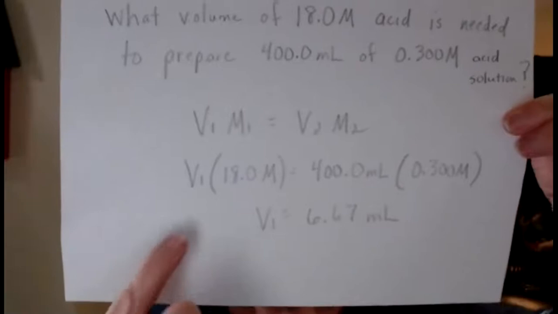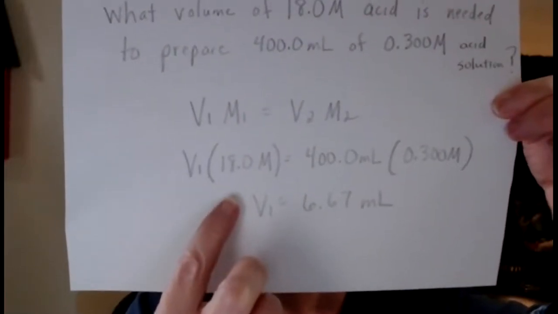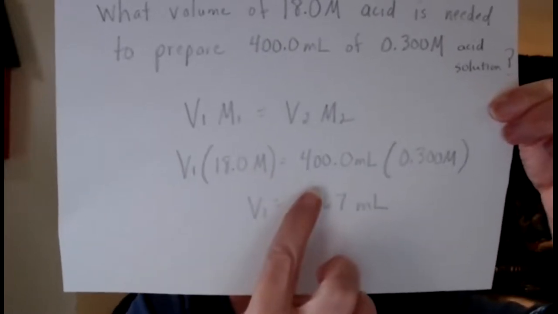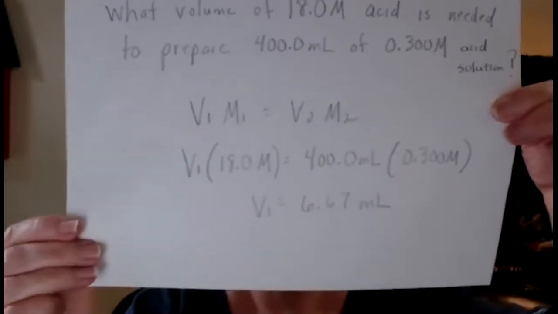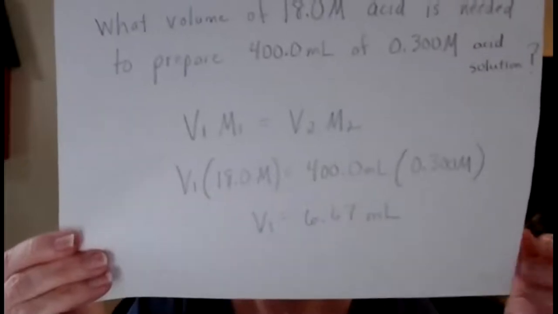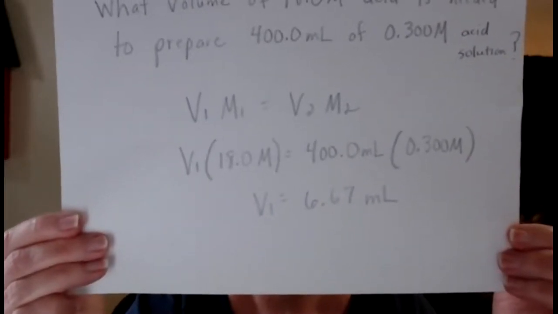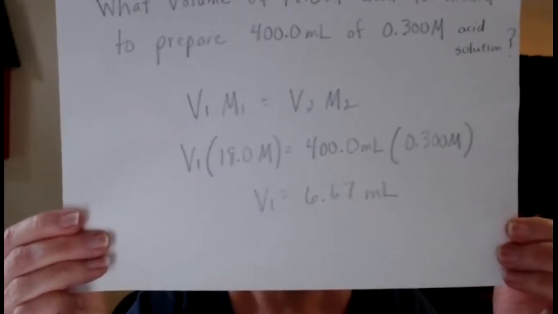I don't know the initial volume. I know the initial concentration, which is very concentrated, equal, I know my new or final volume and my new or final concentration, which is a dilute concentration compared to the 18 molar. Maintaining significant figures, I solve and I get 6.67 milliliters.